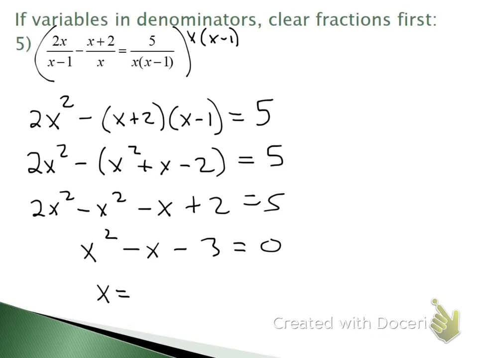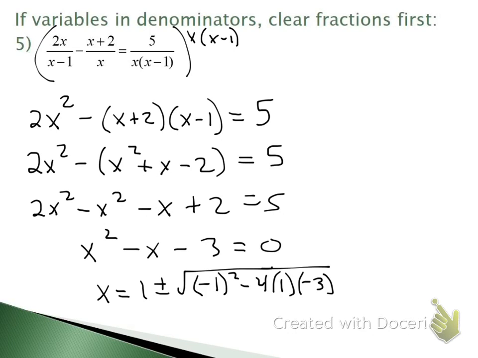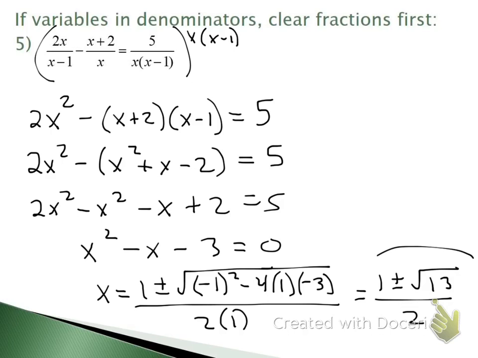X equals negative b plus or minus the square root of b squared minus 4 times a times c all over 2 times a. Let's see, I get 1 plus or minus square root of 13. Did I do it right? Yes. All over 2. That's it. I'm good with that.